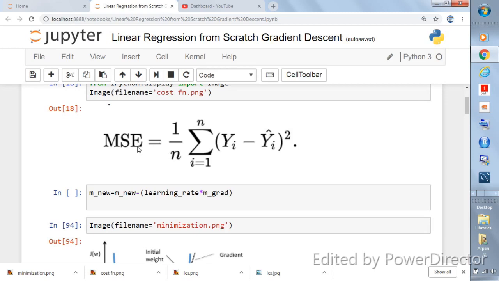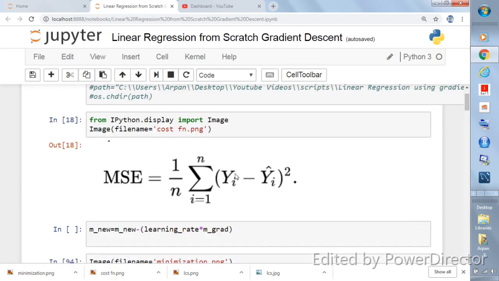And if you see, this cost function MSE is a function of all these values. n is the number of data points, that is fixed, so we cannot change that. Now yi is the actual value of the data points, so that is also fixed because the data is given. But the predicted line is not fixed. The predicted line keeps on changing as we change the parameters, the slope and the intercept.